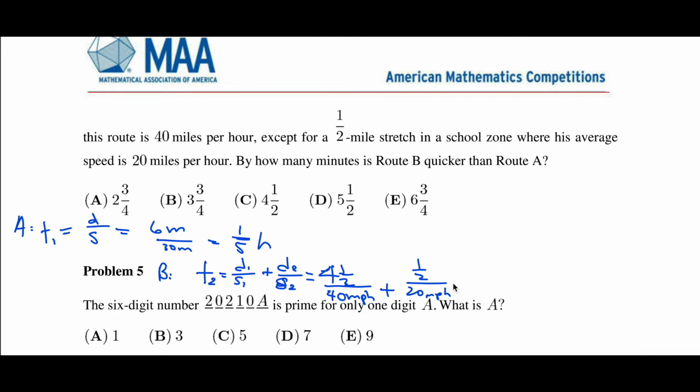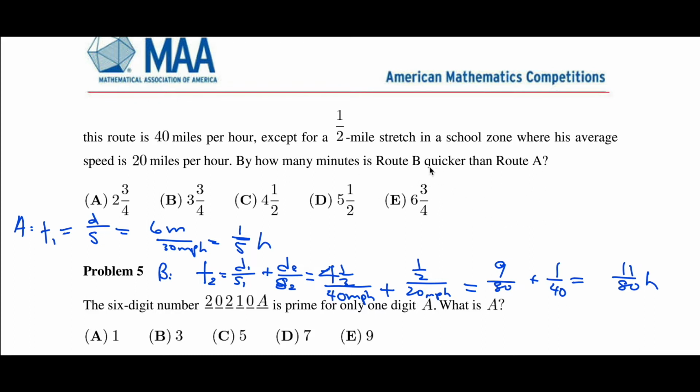Okay, that's our school zone. And then here, you can just simplify this, so you get 9 over 80 plus a 40th, which is 11/80th of an hour.